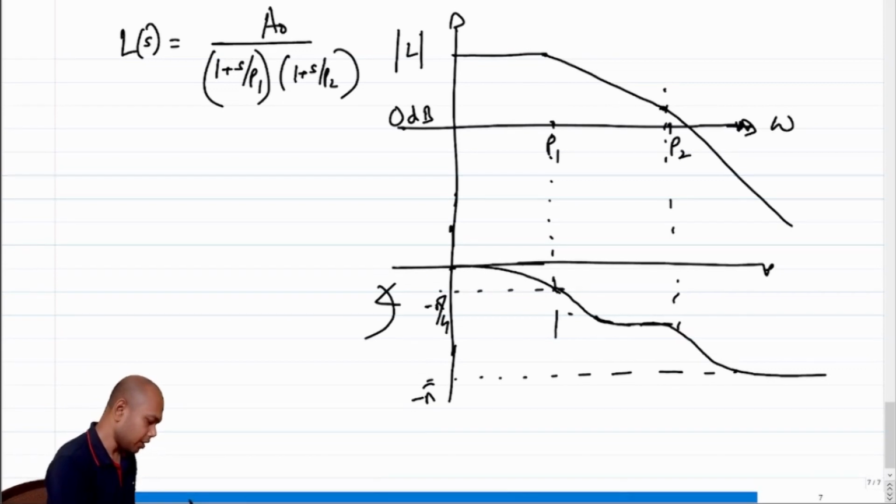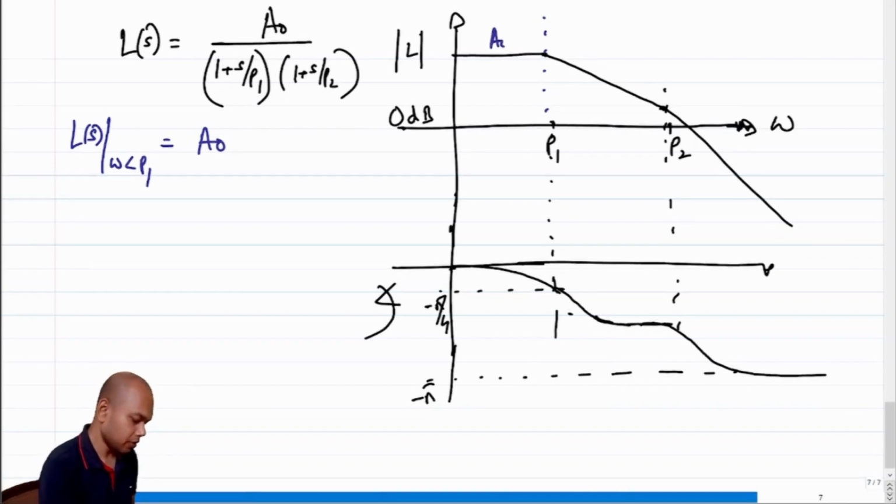So what is the equation of L of S when omega is less than P1, right? So L of S for omega less than P1 is equal to A0, right? Because this is A0.